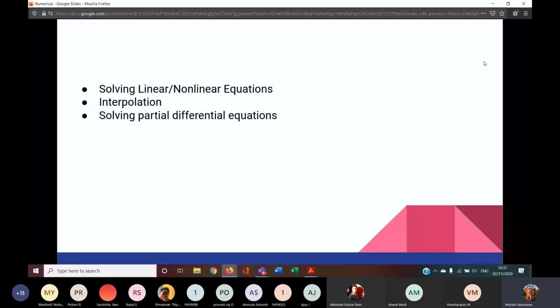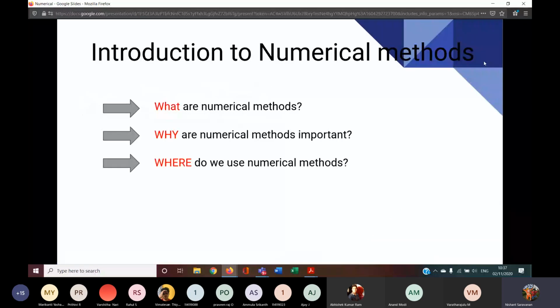Next, why are numerical methods important? Analytical solutions are exact solutions based on mathematical principles. However, the governing partial differential equations of fluid flow are complex and cannot be solved by analytical means.